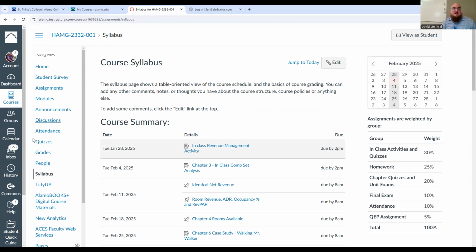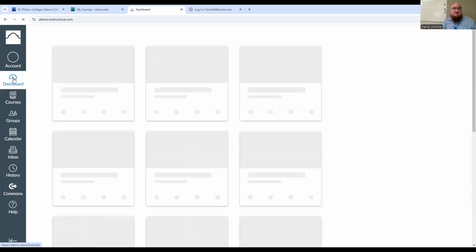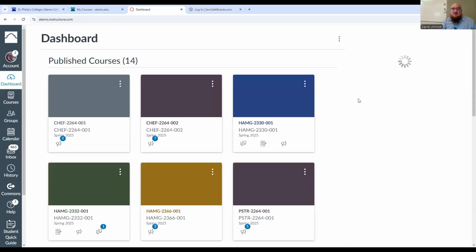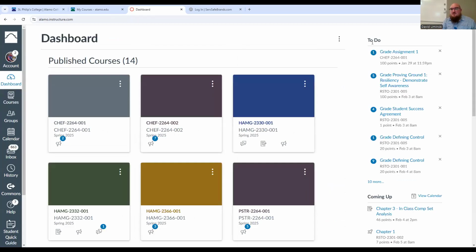Okay. So the syllabus is a good way. For those of you who don't know, I think I've pointed this out in most of my classes. If you look at the dashboard on Canvas, your to-do list on the dashboard is all of your classes combined if, this is a big if, your professor has actually assigned due dates to the assignments.